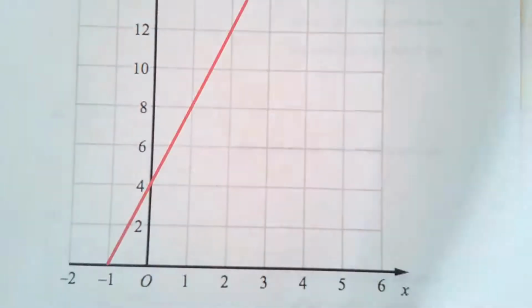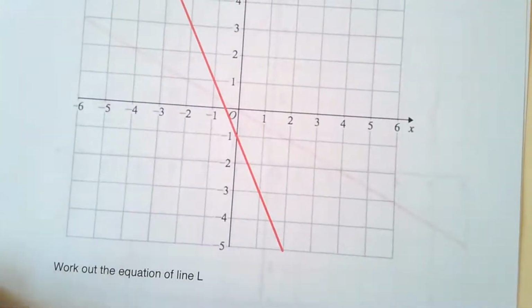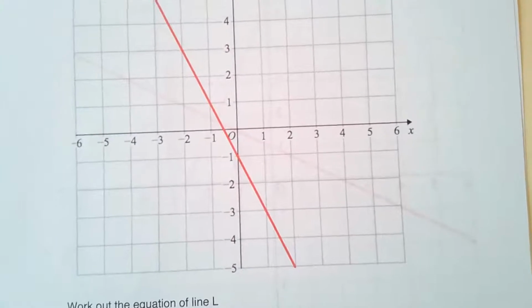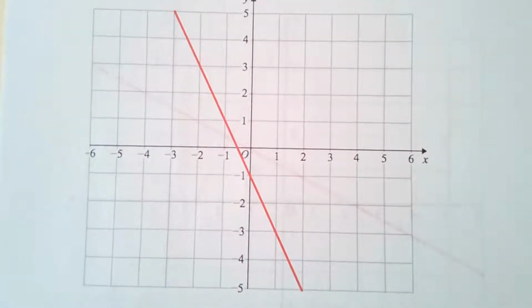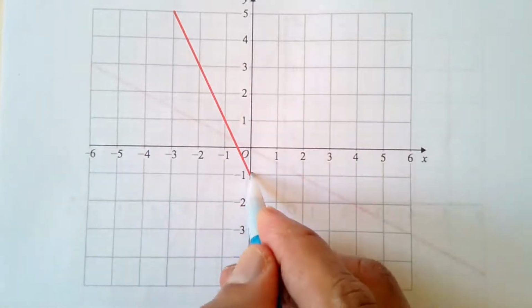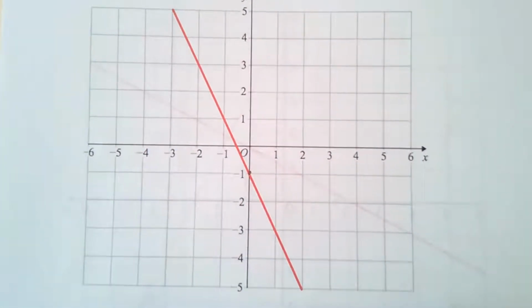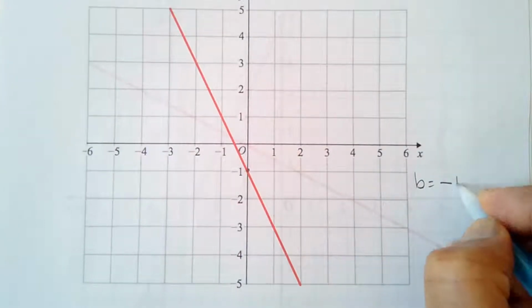Okay, this is another one. Now you can try this out. I just want to do a negative slope here. By the way, this is on the blog under today's assignment for you to complete. So here we have an example of a negative slope. Our y-intercept is negative 1. So we say b, the y-intercept, is negative 1.